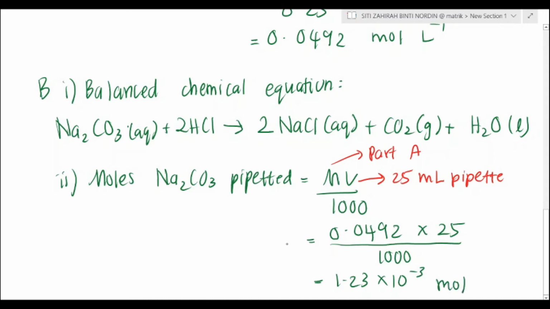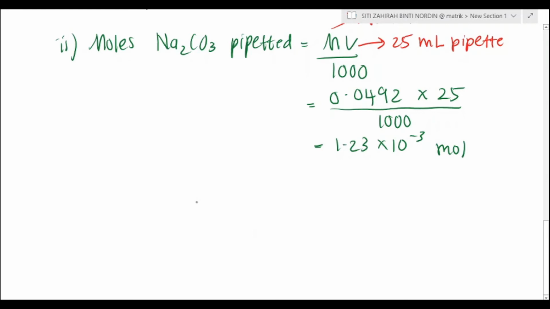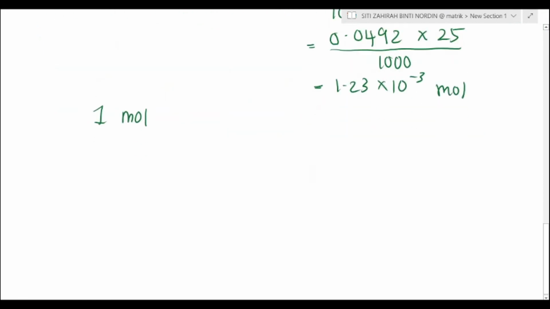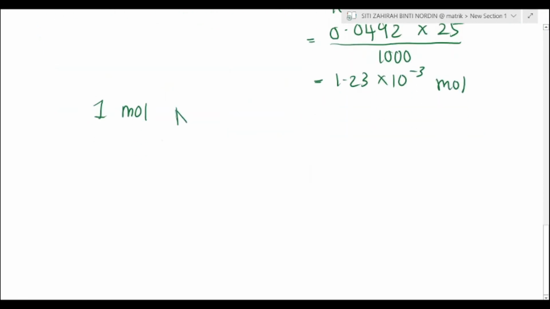Part B asks us to find the molarity of HCl, but we just figured out the molarity for sodium carbonate. So how are you going to relate both reactants? We're going to do stoichiometry. From this balanced equation, 1 mole of sodium carbonate is equivalent to 2 mole of HCl.